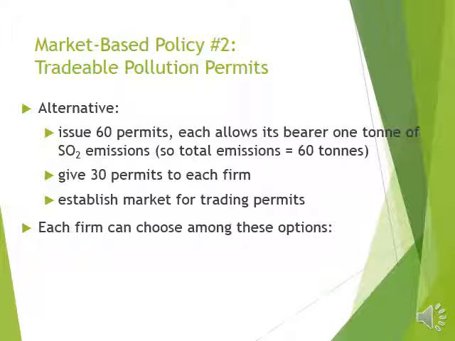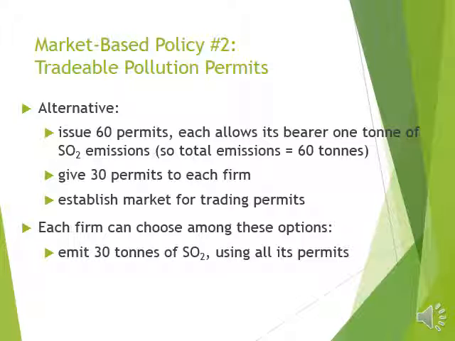So each firm has three options, sorry. They can use all of their permits to emit 30 tonnes of SO2, so Firm A and Firm B emit 30 tonnes each.